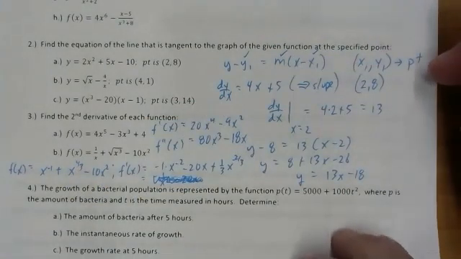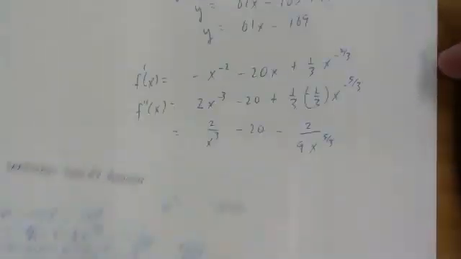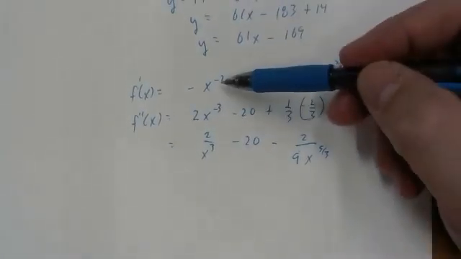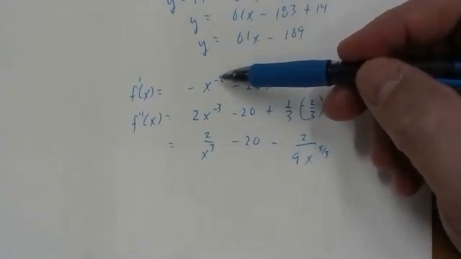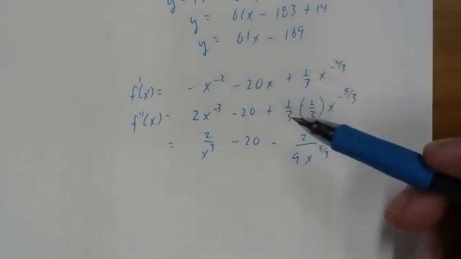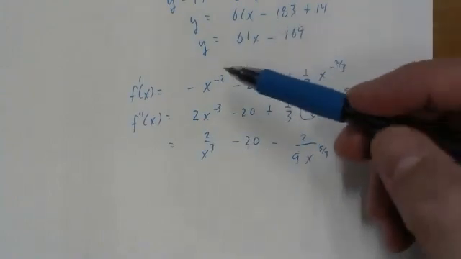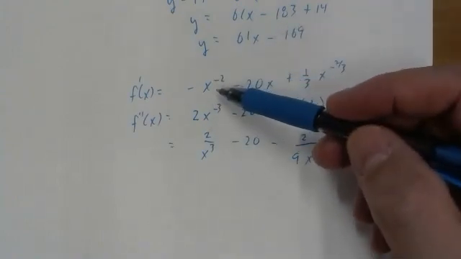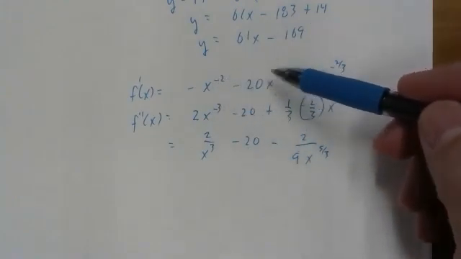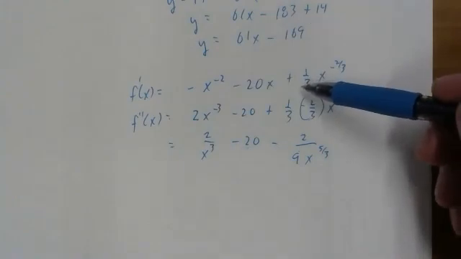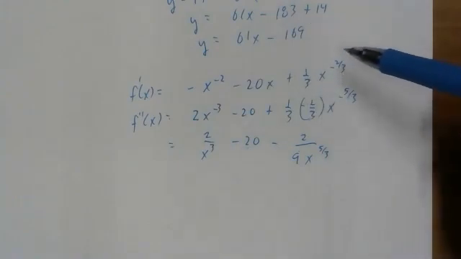So I took that and brought it here. Oh, yeah. So negative 1 times x to the minus 2, minus 20x, plus 1/3 x to the negative 2/3.